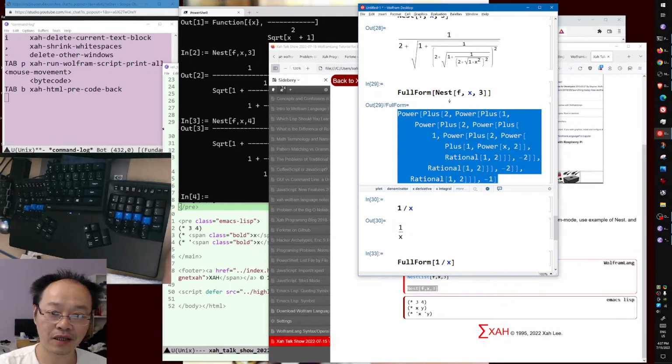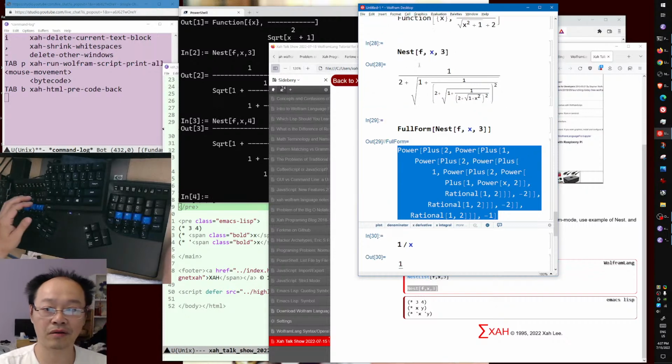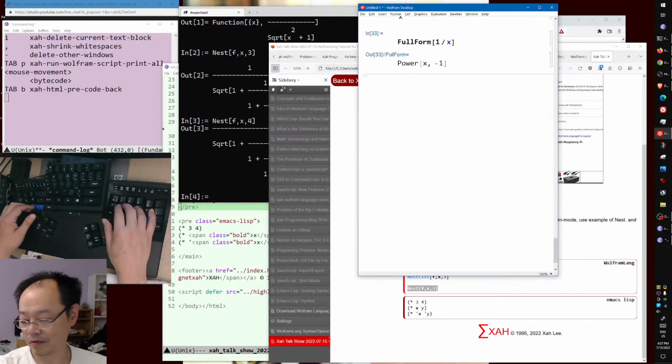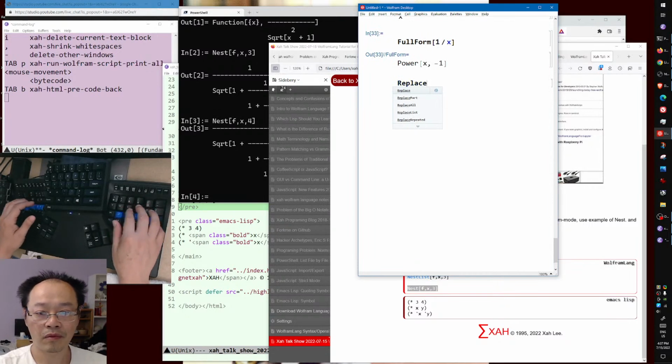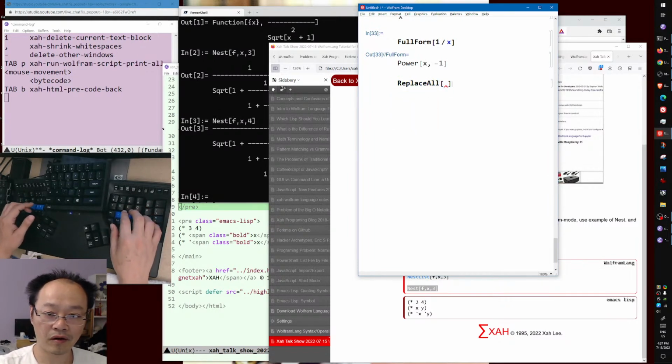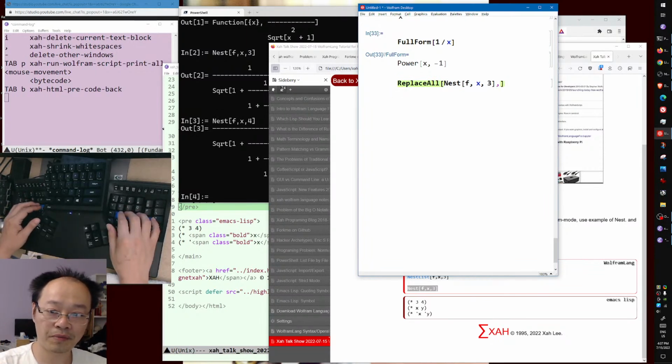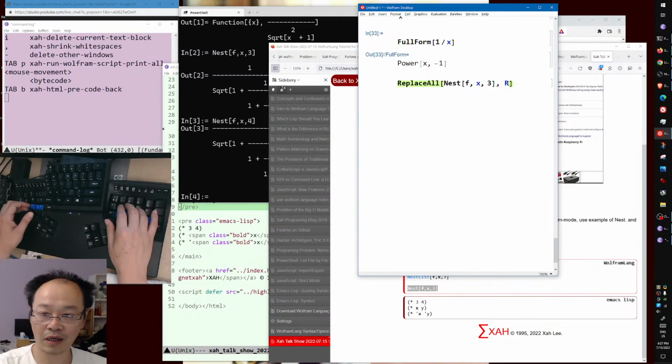And now let's say you want to replace all the square root by, let's say, square to the 3rd power. Okay, so what we can do is, let me show you. Replace all takes 2 arguments. The first one is the expression you want to do the replacement on. The second one is a rule.